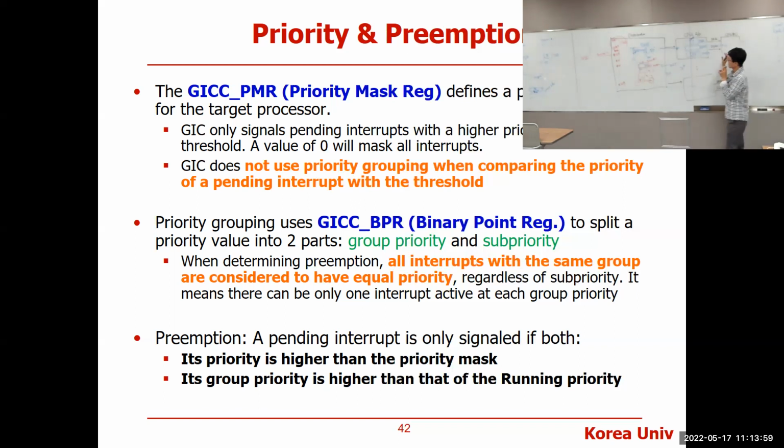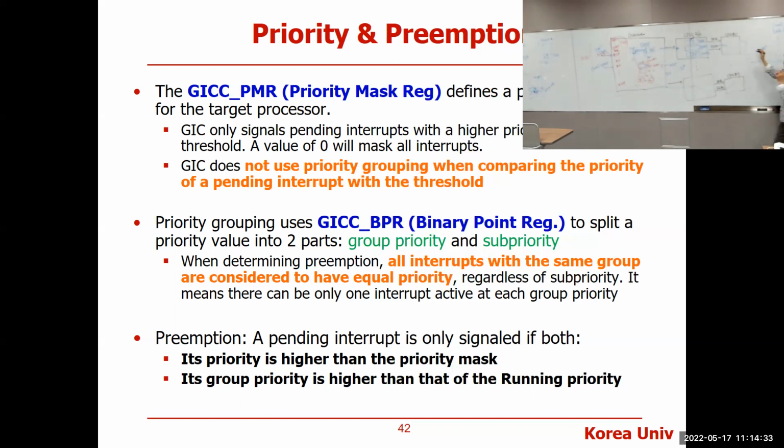The same thing is supported in GIC. Let's assume that there are two IO devices, timer and UART. Let's say UART has low priority and timer has high priority. On the timeline, a UART interrupt is generated at this point.